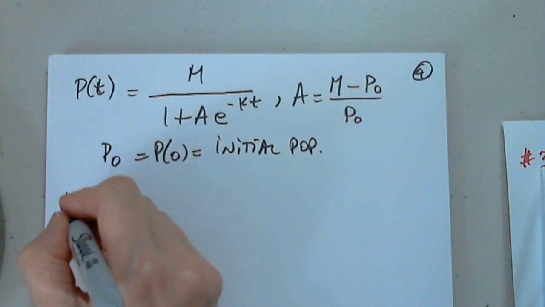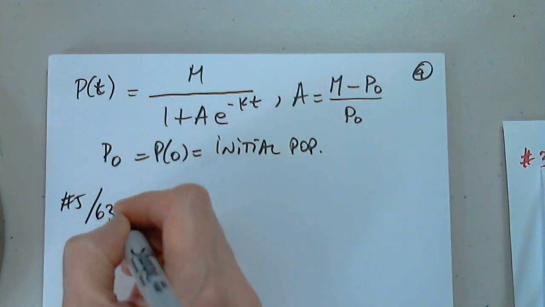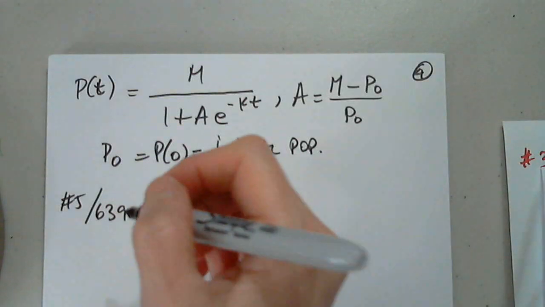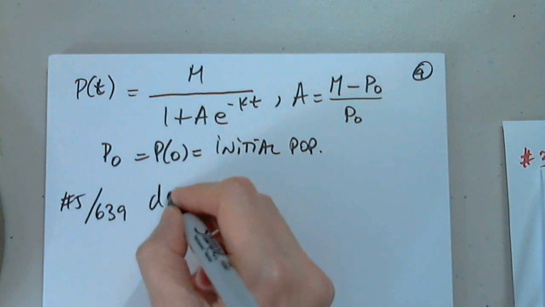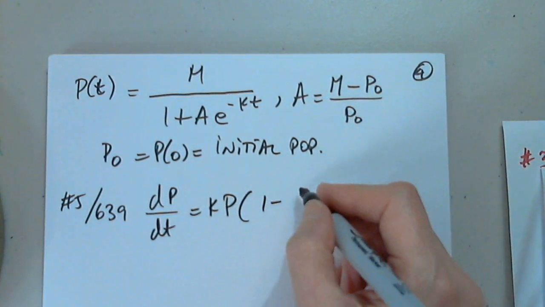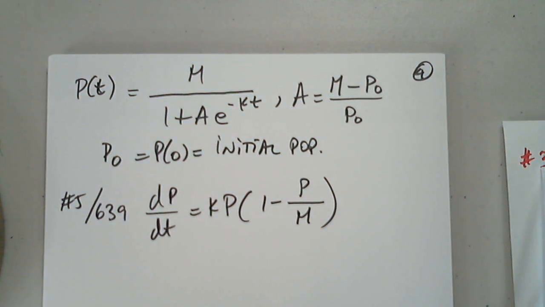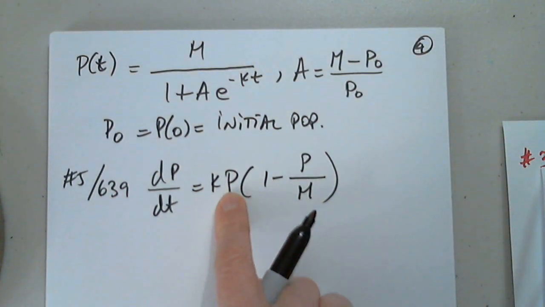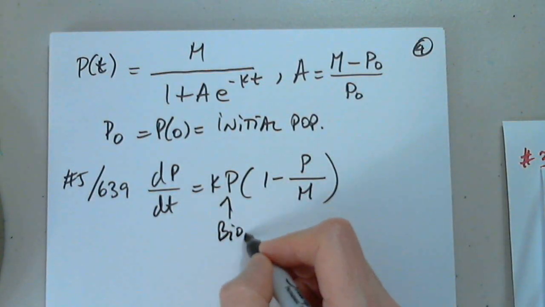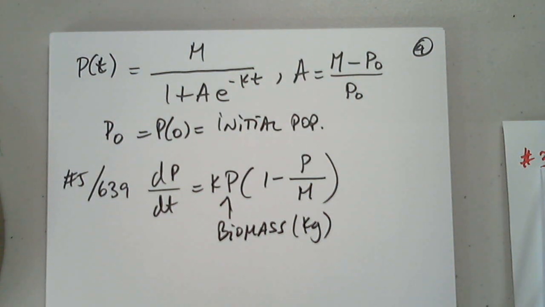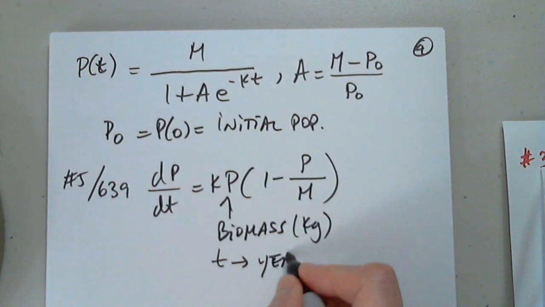Okay, so let's look at number 5 on page 639. The Pacific halibut fishery can be modeled by dp over dt equals k p times 1 minus p divided by m, where p is the biomass in kilograms of the members of the population at time t, and t is measured in years.